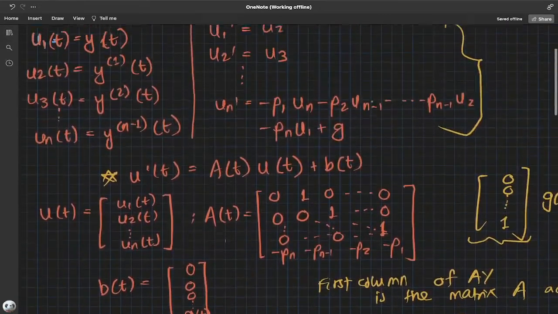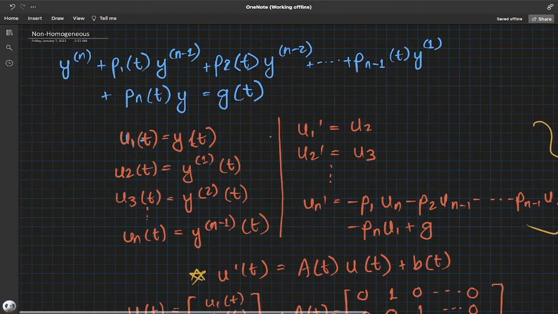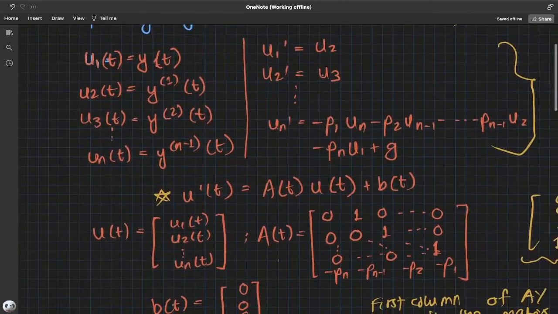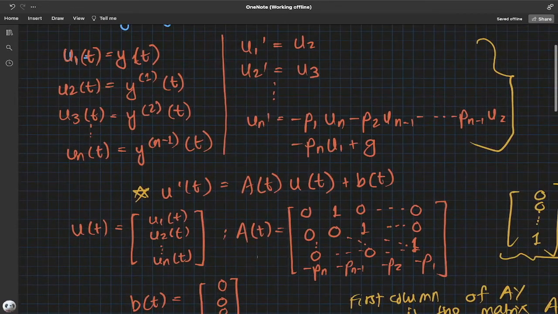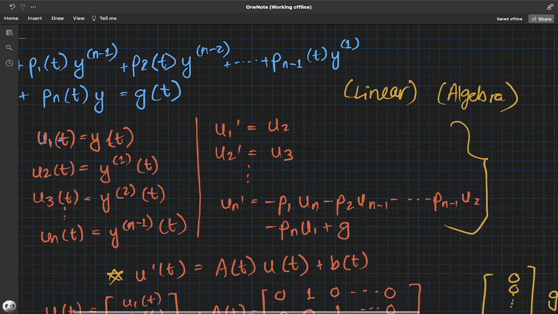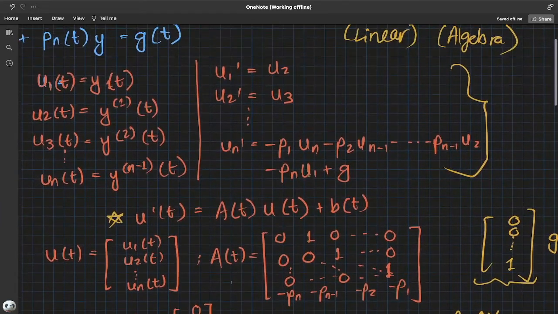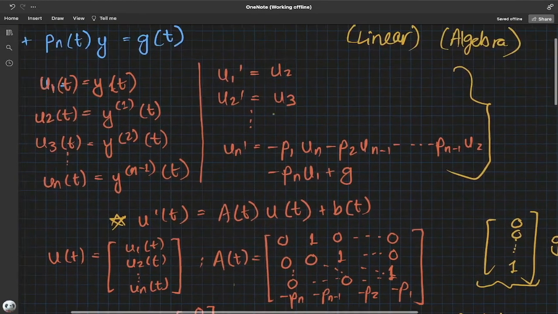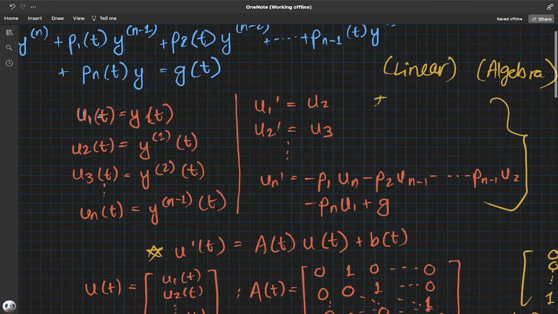What's important to note is how we converted this linear differential equation, and again, the keyword is linear. Without linearity, we wouldn't have been able to get back to linear algebra, and that's why it's called linear algebra. We've connected linear differential equations with linear algebra, so that's one thing that's really nice. People don't realize how nice and beautiful this is. And just make a mental note of this method of converting.